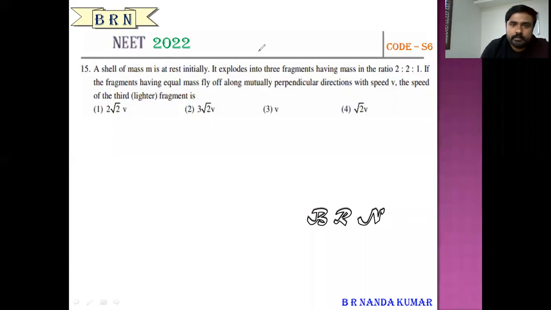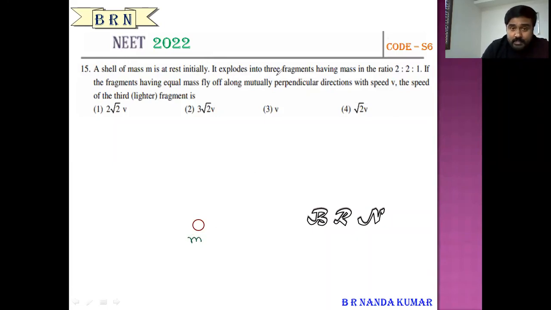Next one. Question number 15. A shell of mass m is at rest initially. Shell mass m is given.